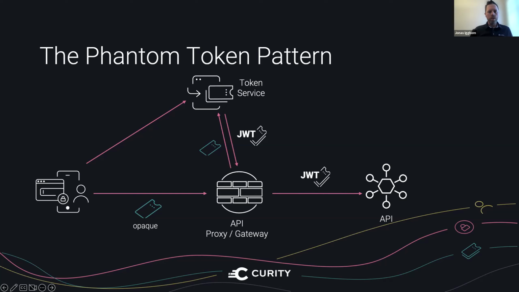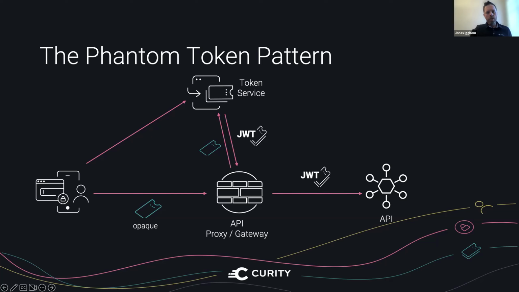It's essentially just a randomized string, which is globally unique. Then when we try to access the API and we hit the API proxy or gateway, or whatever it is in between the application and the API, there's typically something there. We make the proxy exchange the opaque token for an actual JWT that's richer and has the information, right? And it can be verified.